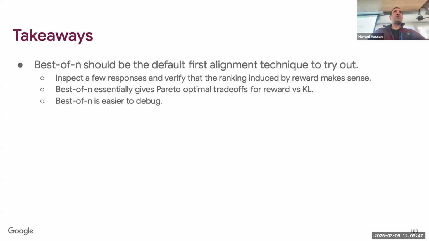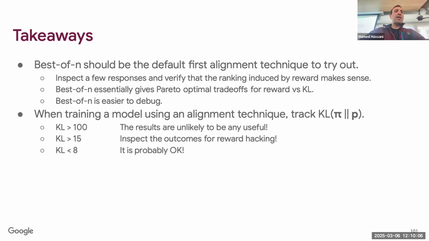It's just expensive. Now, if in an application you can afford n equal to 100 or 1,000, then you don't even need to train a new model. You can just use best-of-n. It's just 100 to 1,000 times more expensive, but much easier to debug. And when training a model using alignment, we should be tracking the KL divergence, right?